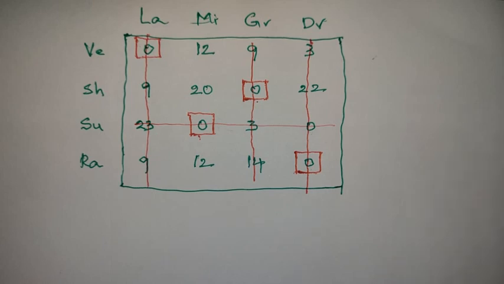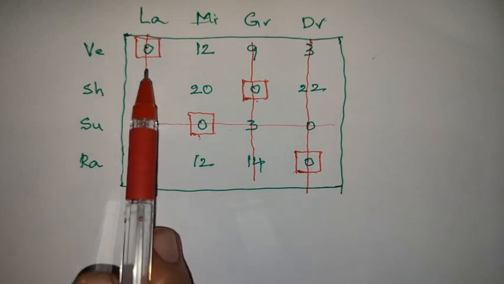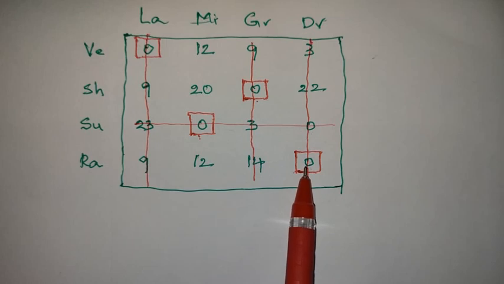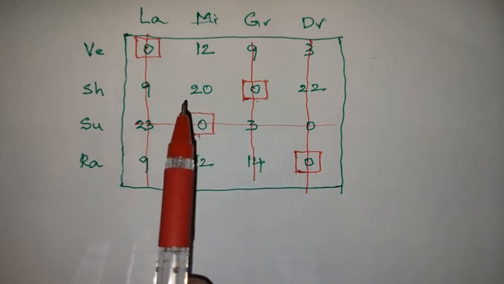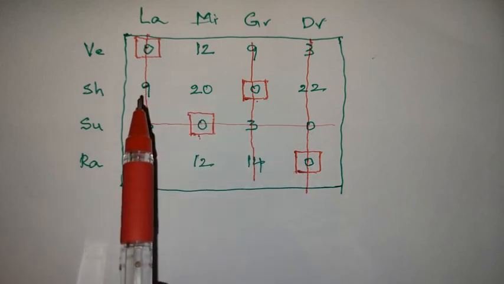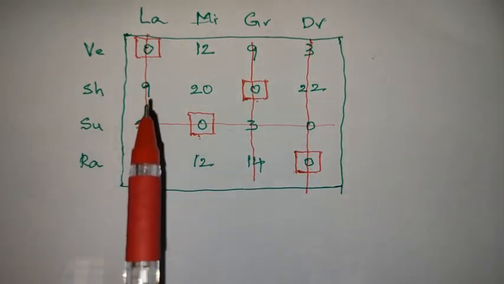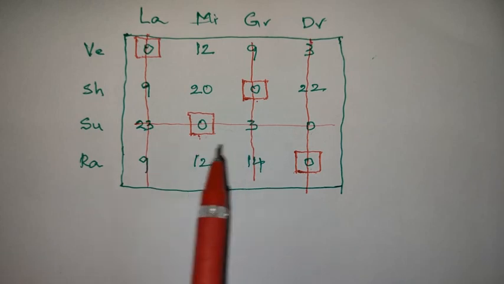So now need to check whether the number of assigned cells is equal to number of rows and that equals to number of columns. So now how many cells were assigned? 1, 2, 3 and 4. So 4 cells were assigned. And how many columns are there? 1, 2, 3, 4. And how many rows are there? 1, 2, 3, 4.